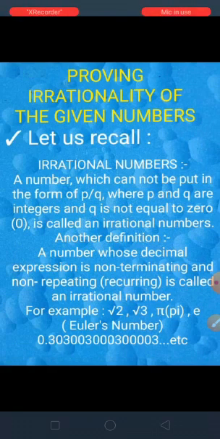A number which cannot be put in the form of p upon q, where p and q are integers and q is not equal to 0, is called an irrational number. Another definition: a number whose decimal expression is non-terminating and non-repeating is called an irrational number.